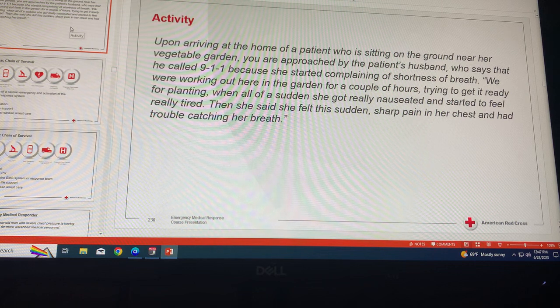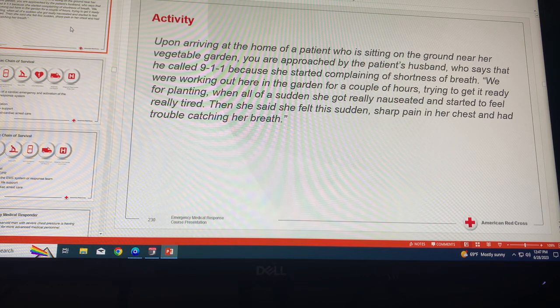All right, here we have another activity. Upon arriving at the home of a patient who is sitting on the ground near her vegetable garden, you are approached by the patient's husband, who says that he called 911 because she started complaining of shortness of breath.